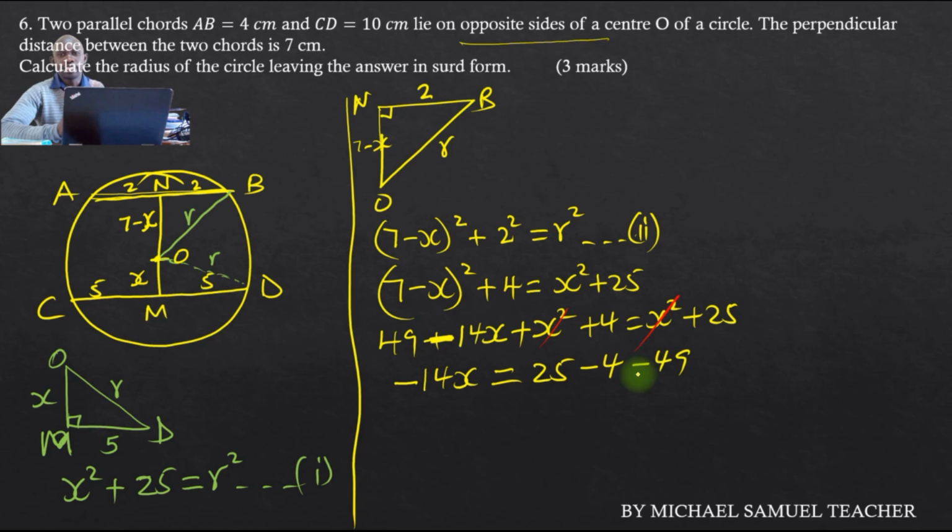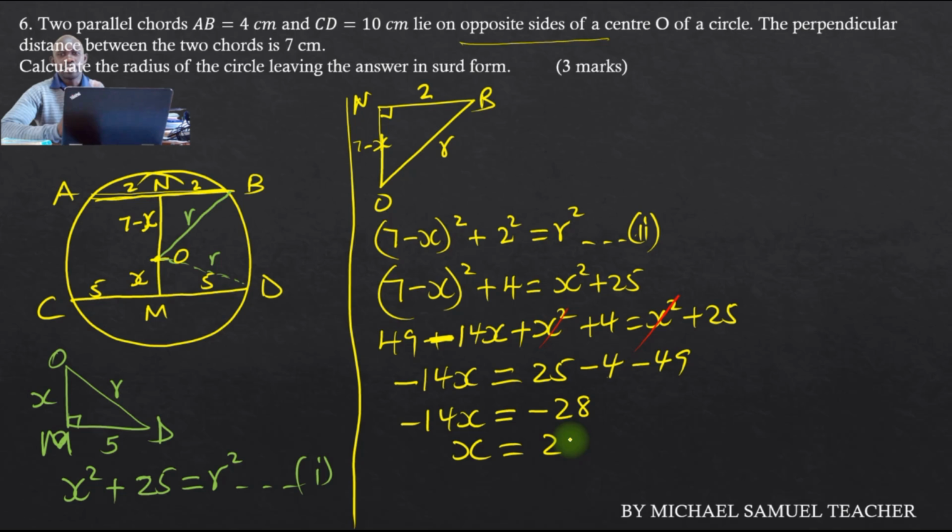So minus 14x will be equal to minus 28. 25 minus 4 is 21, and 21 minus 49 is minus 28. So x will be positive 2.